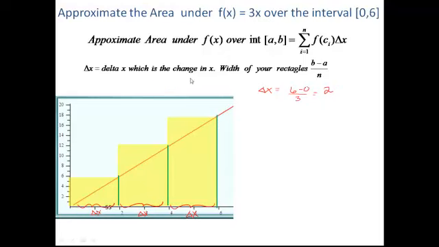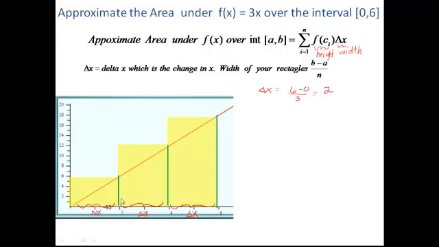Now that we have our delta x, or in other words the widths of these rectangles, we're using this Riemann sum to add up the areas of our rectangles. This right here is the width. What we need to do is find the height. So I'm going to draw this out for you.